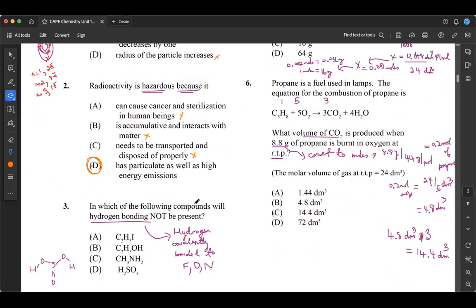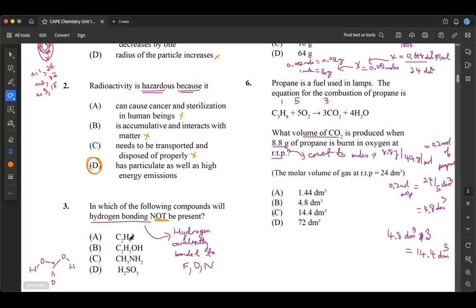3 says, in which of the following compounds will hydrogen bonding not be present? Right? So we have to think back to how we defined hydrogen bonding. Hydrogen bonding refers to when hydrogen is covalently bonded to either a fluorine atom, an oxygen atom, or a nitrogen atom, or the hydrogen is bonded to a compound that has these atoms in it having lone pairs on them, okay?